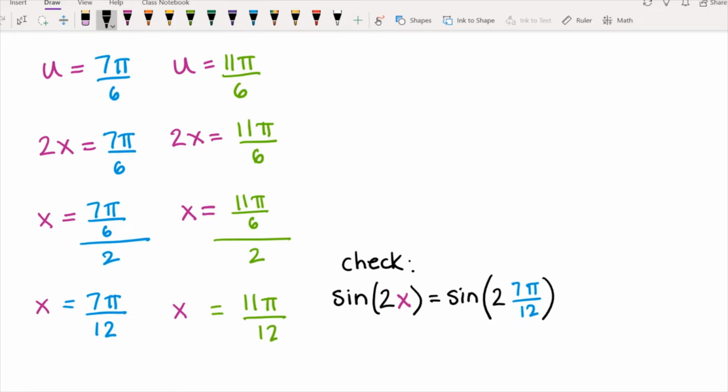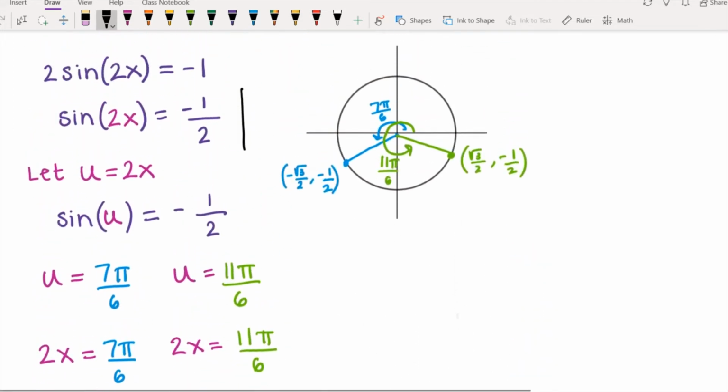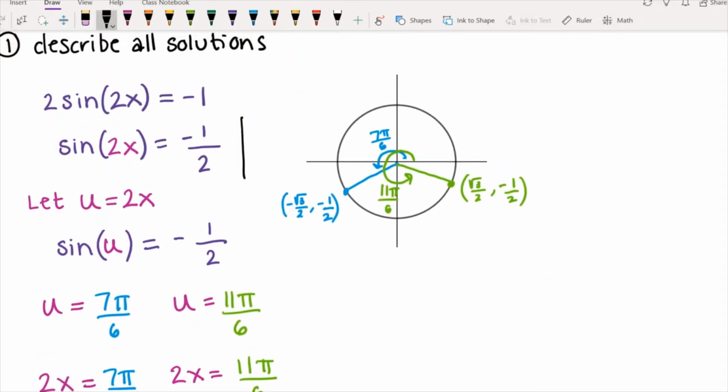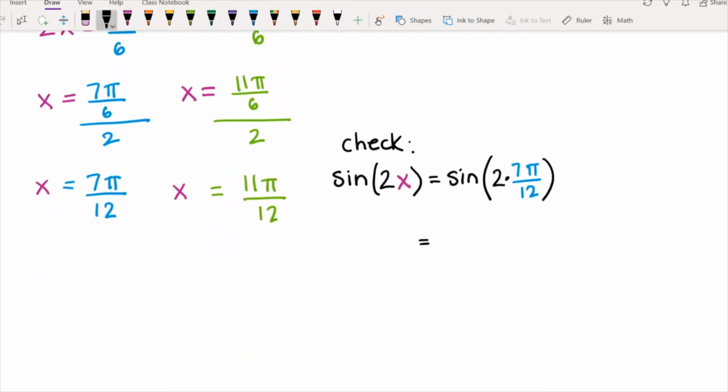Right? So that's what it means when we're saying we're solving for x. If we were to plug it back into the equation, the original equation was 2 times x. And so when we plug in our angle, we're doing 2 times that angle. And what is 2 times 7 pi over 12?